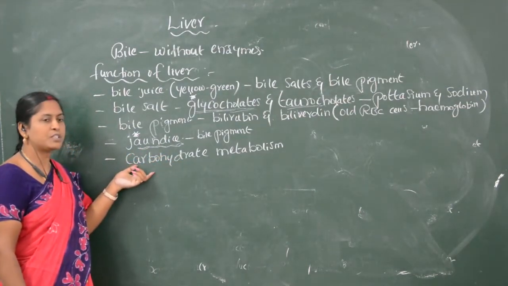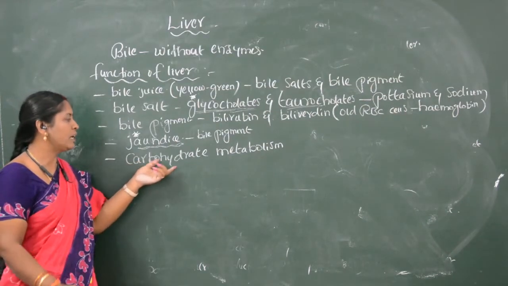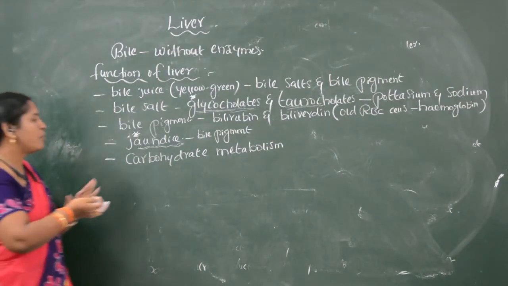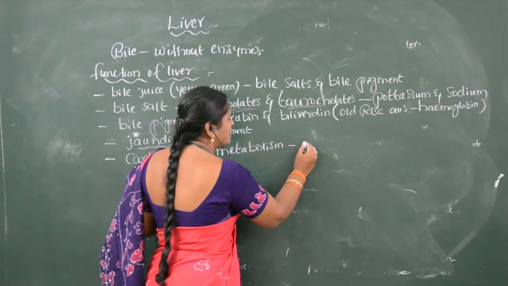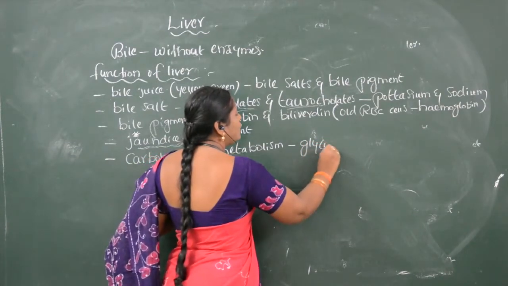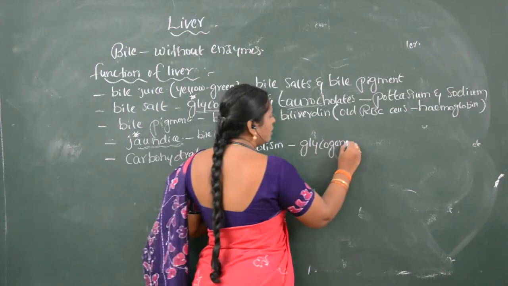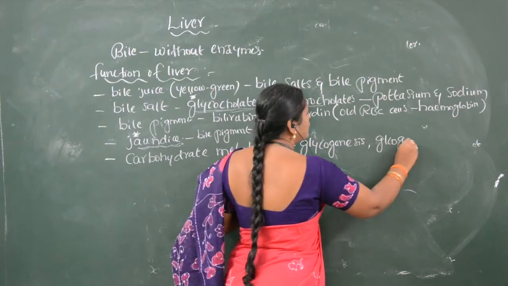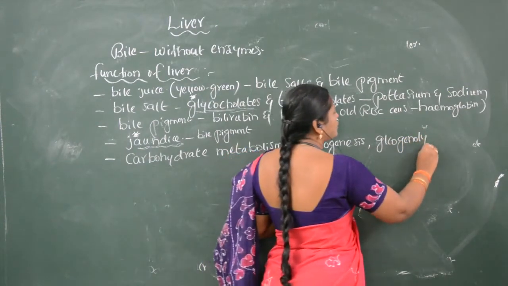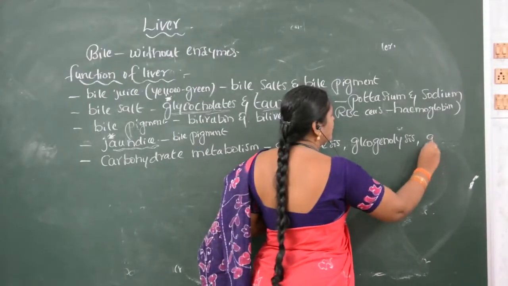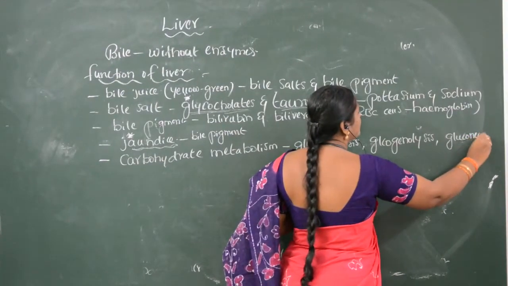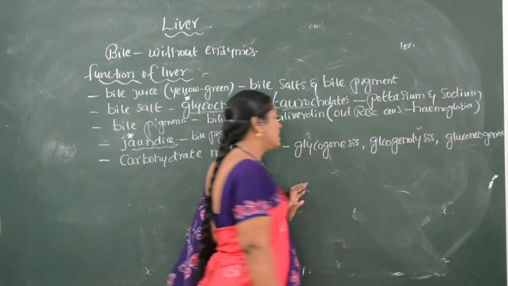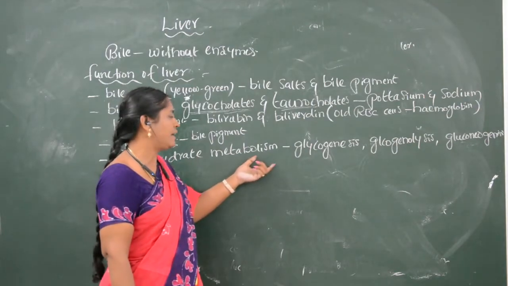So what are the carbohydrate metabolism processes where the liver plays a role? They are glycogenesis, glycogenolysis, and gluconeogenesis. So these are the things through which the liver takes part in carbohydrate metabolism.